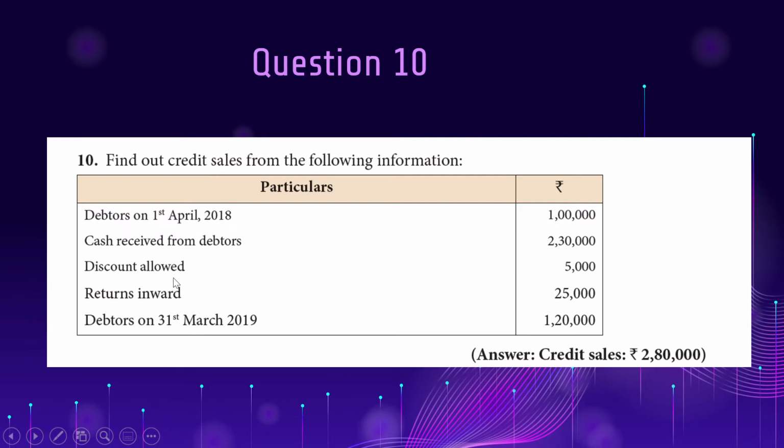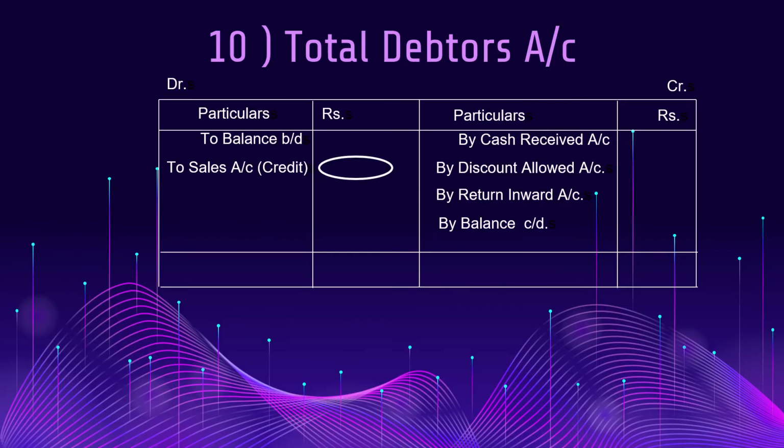So here there is no information regarding bills receivable. So we can directly prepare only the total debtors account. Now you have to write the total debtors account, debit and credit. I told you earlier, the debtors have a debit balance. So you have to show the opening balance on the debit side. So now the amount is 1 lakh.